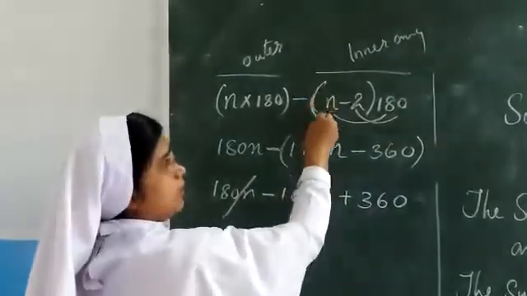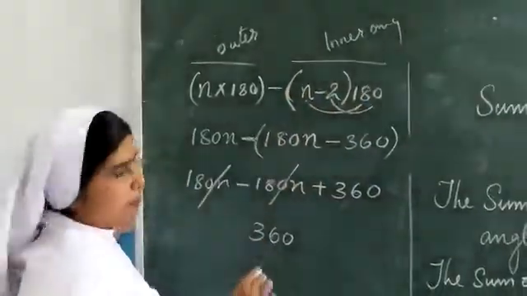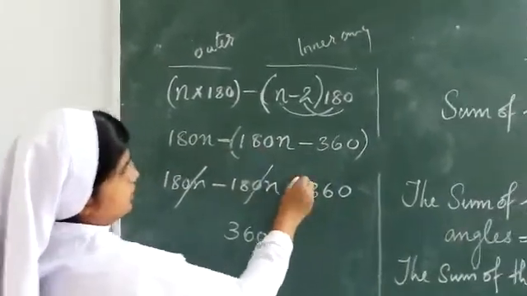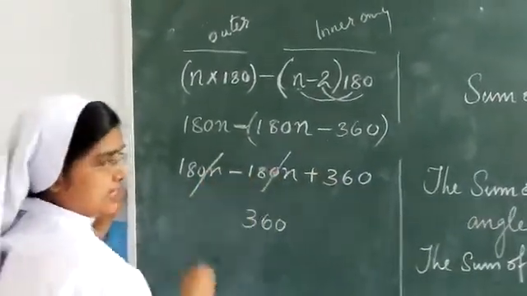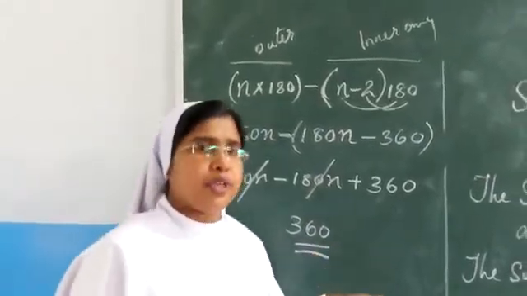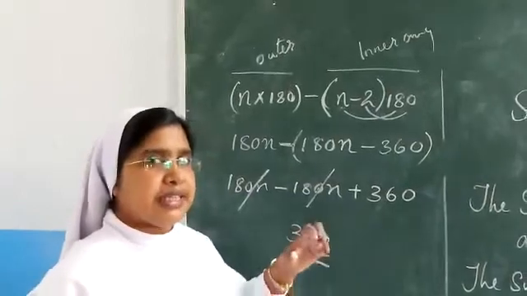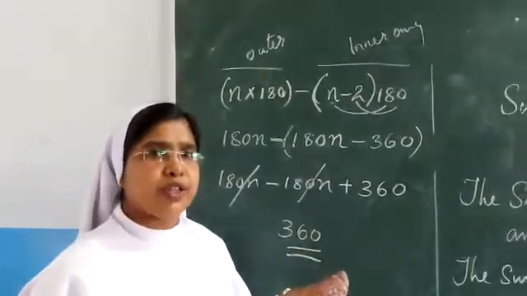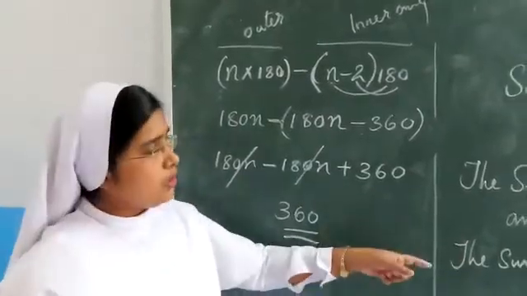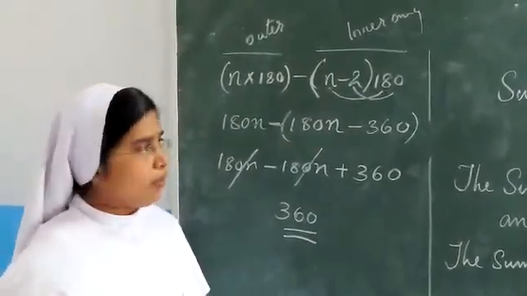When there is a bracket, always remember to multiply. Minus 180n, minus into minus plus 360. So both will get cancelled. We have 360. In the beginning the other day, we said the sum of the outer angles of a polygon is 360. That is what we have proved with the equation. Keep in mind always.